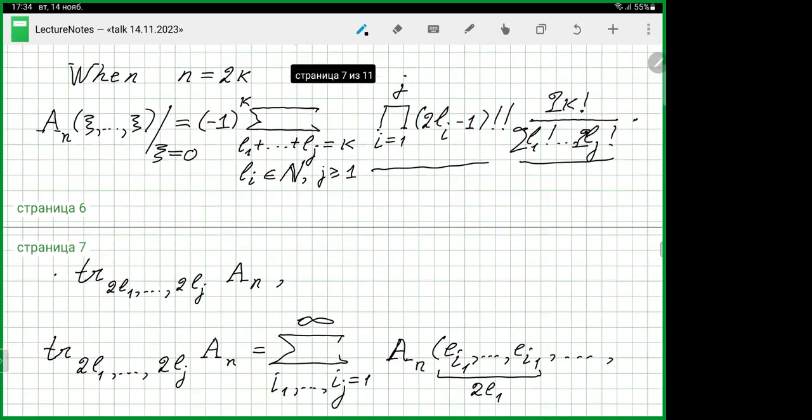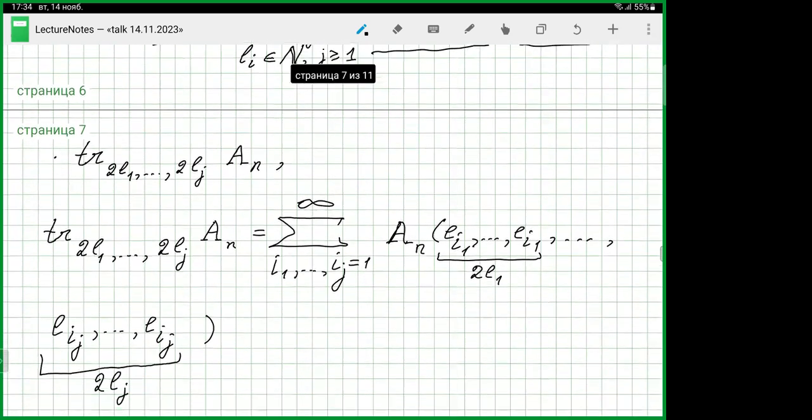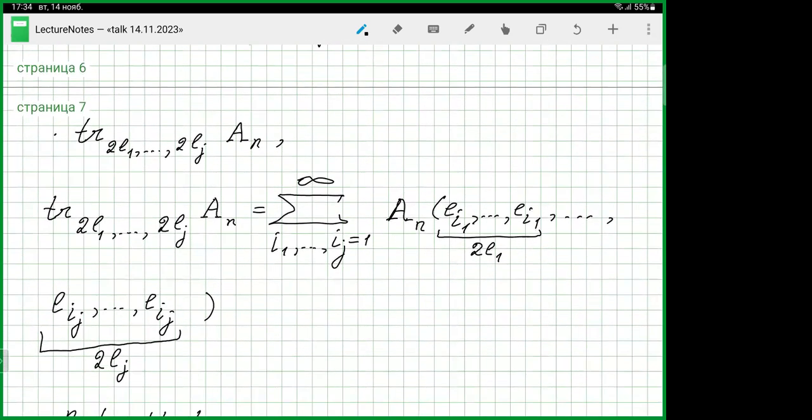And finally, trace. And what is trace? This is as usual the trace, when we just have a sum where some elements of an orthogonal basis coincide. You see here 2L1 elements indexed by I1, and so on, 2Lj with the various indices by this. So this is a multiple trace of our multilinear form, and it is reasonable.